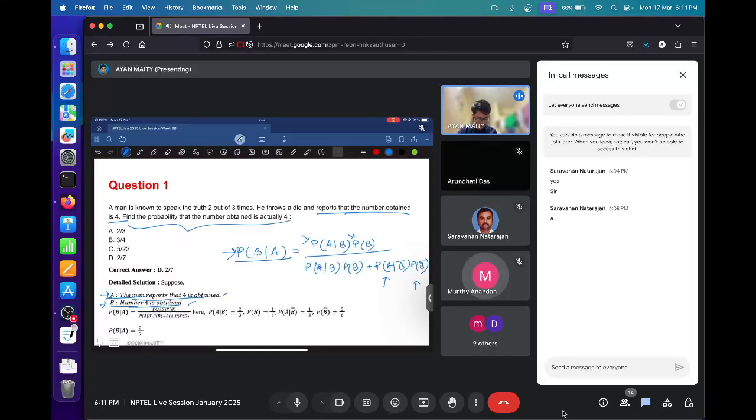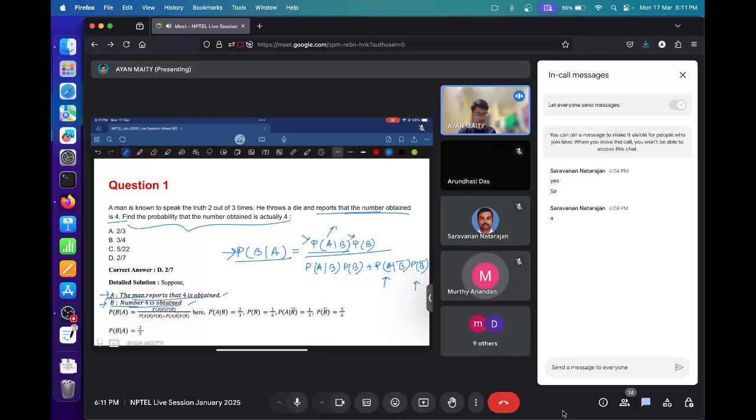The first component is probability of A given B. This basically means that given that number 4 is obtained, what is the probability that the man reports that 4 is obtained? That means he speaks the truth.